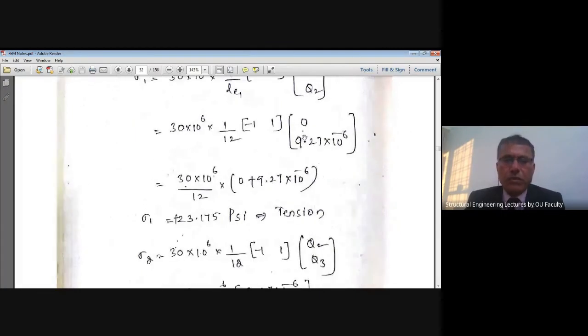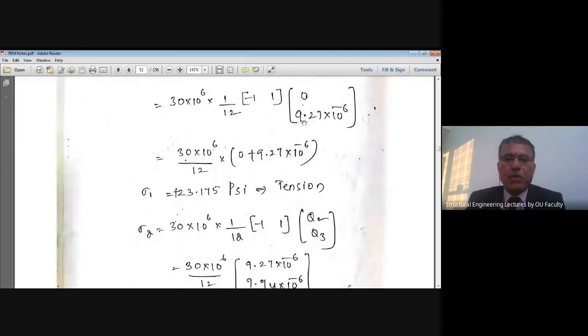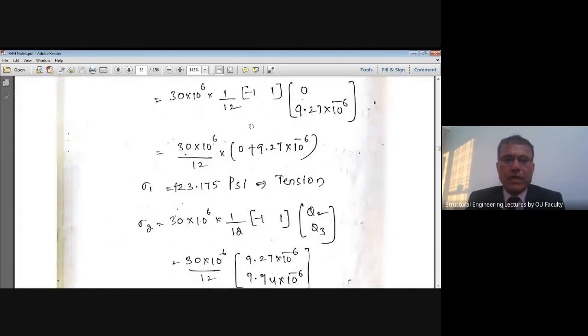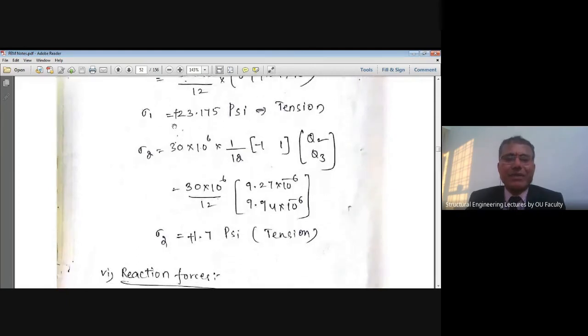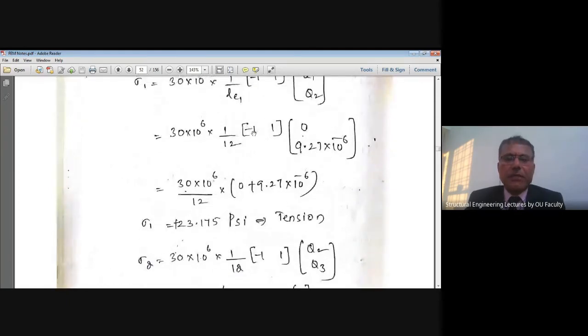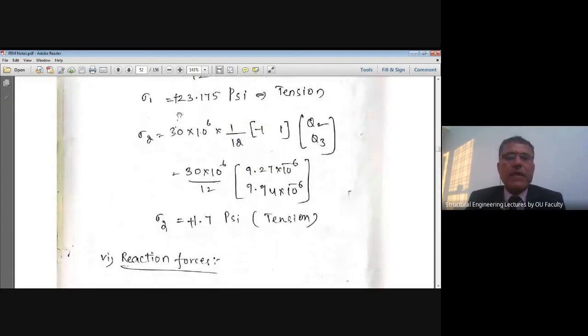Therefore, Q1 and Q2. By this time, I already know Q2 is 9.27 10 to the power minus 6. Substituting, I'll get the stress in the first element. By matrix multiplication, minus 1 multiplied by 0, plus 1 multiplied by 9.27, giving sigma 1 equal to plus 23.175 pound per square inch.